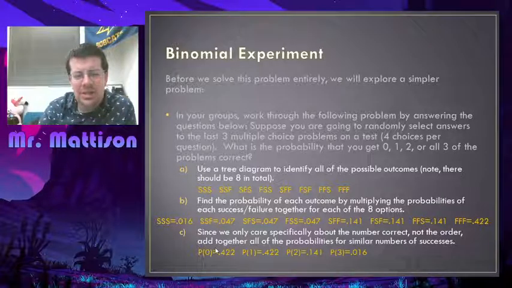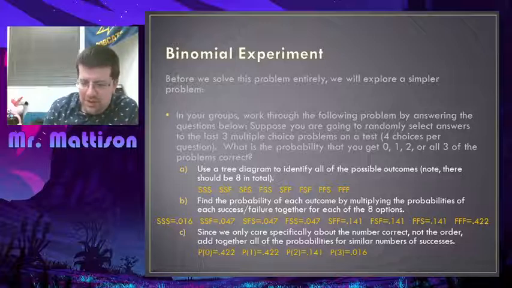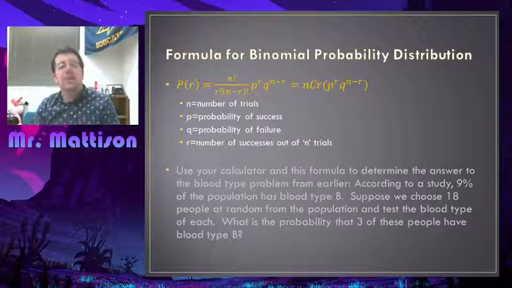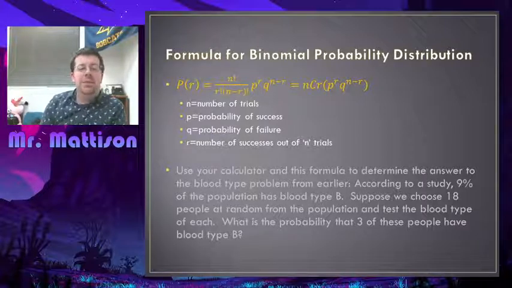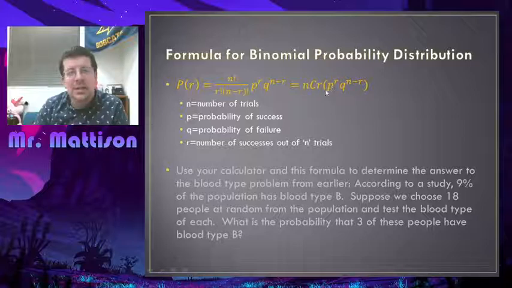So what we just did there, if you think about it, was this: we took the probability of a success and multiplied it by itself the number of times we needed a success. Then we also multiplied that by the probability of a failure, the number of times you needed a failure.